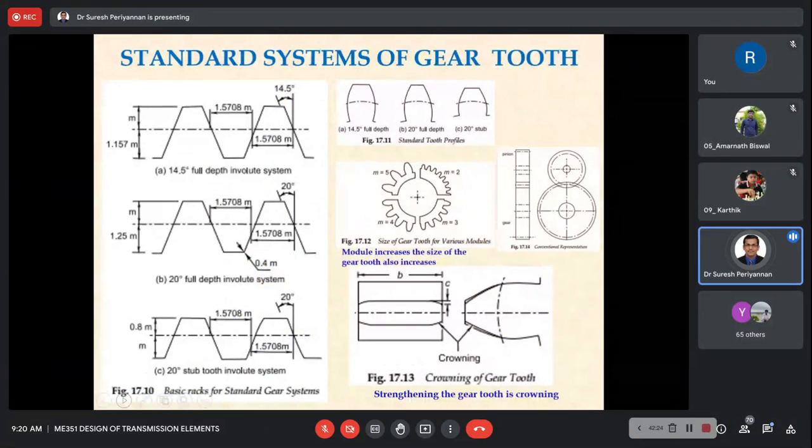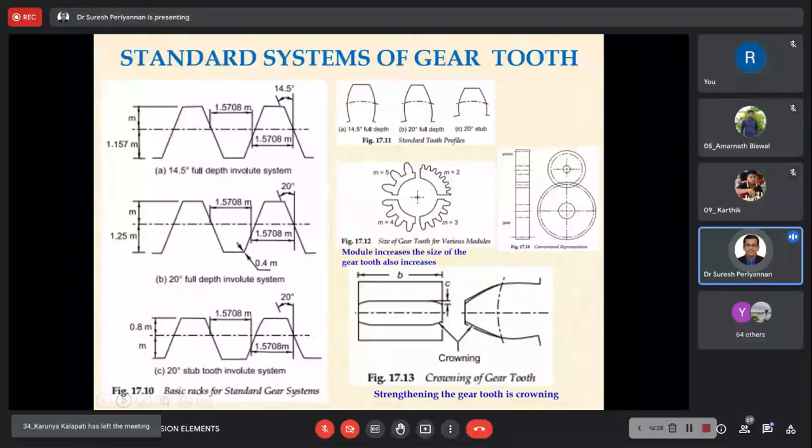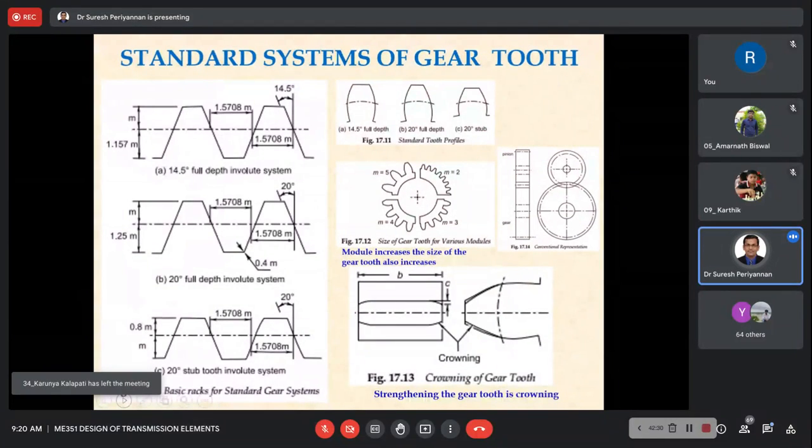Now I come to the standard system of gear tooth. Before entering into this, I would like to tell you some more information. The standard system we are going to follow is the involute profile of the gear teeth, and I would like to tell you some reasons.